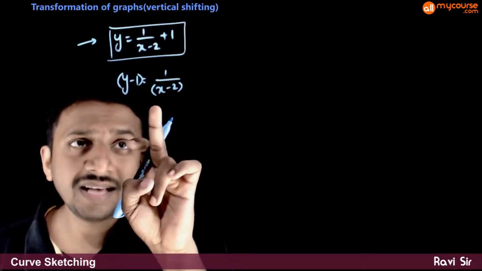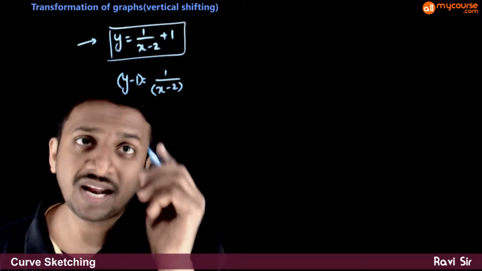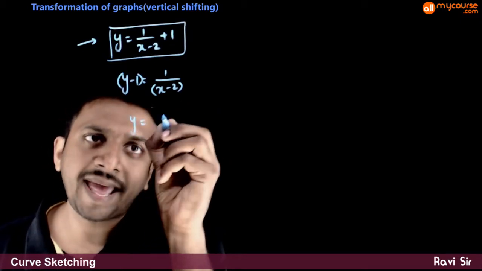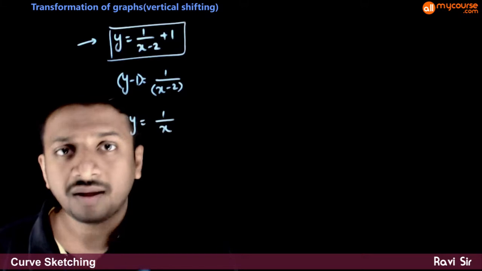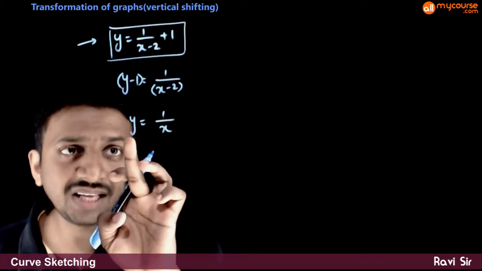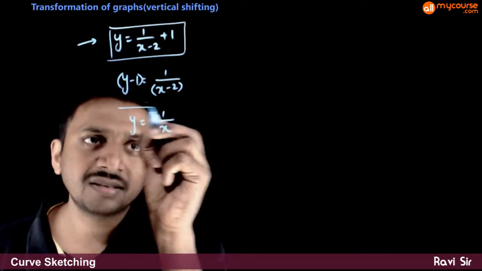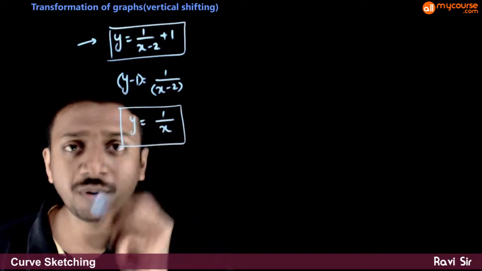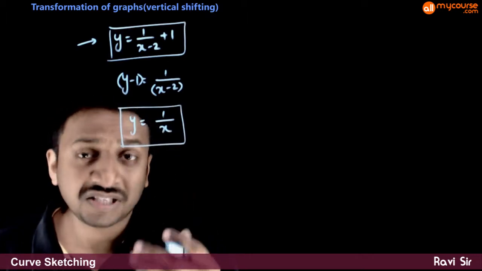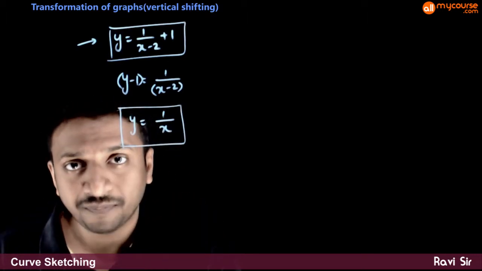So the basic graph corresponding to this graph is 1 by x. If you take the graph of y is equal to 1 by x, this is a reciprocal function for which the graph is straightforward.